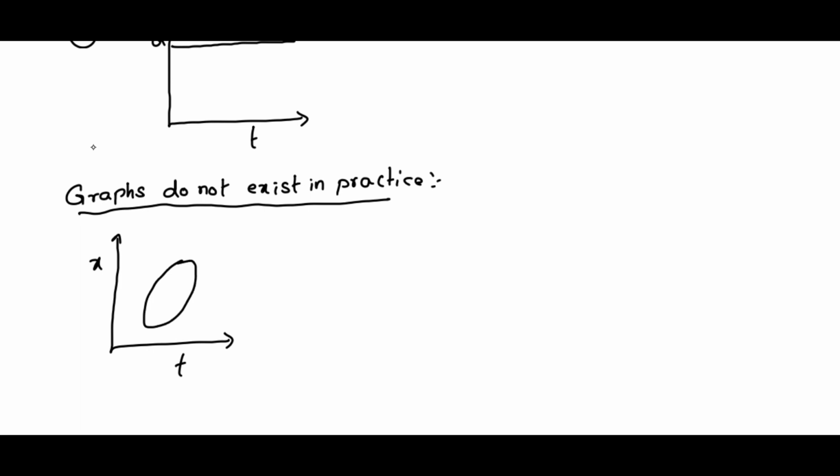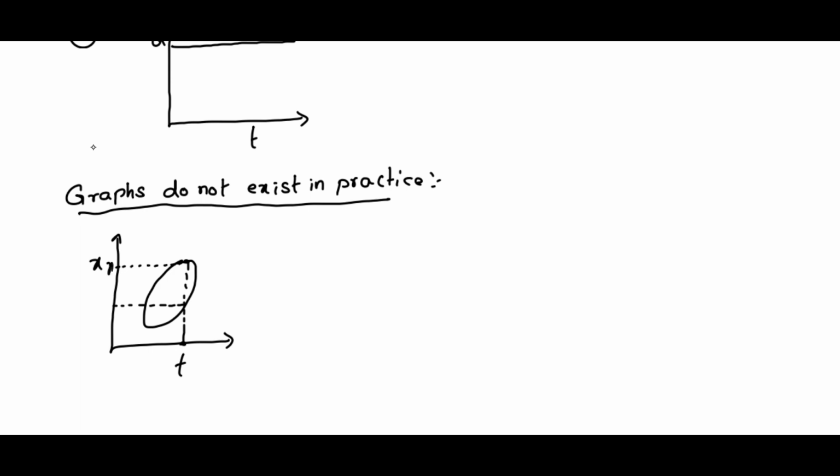This graph won't exist. Why won't this graph exist? Suppose you imagine any point here. According to this graph, this position is possible at this time, and this position is also possible at the same time.